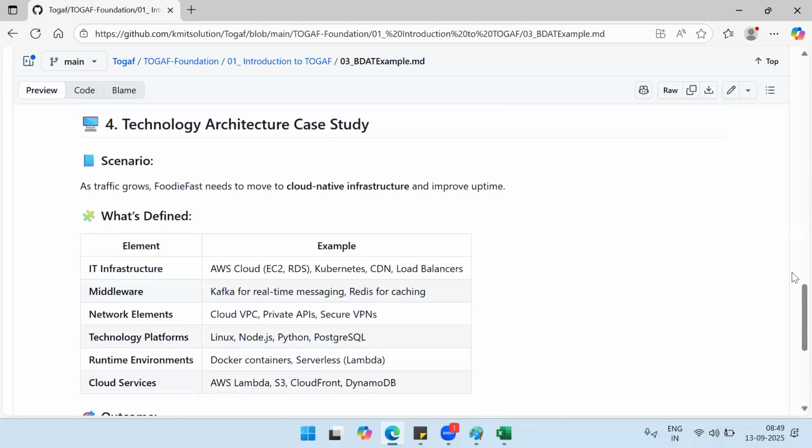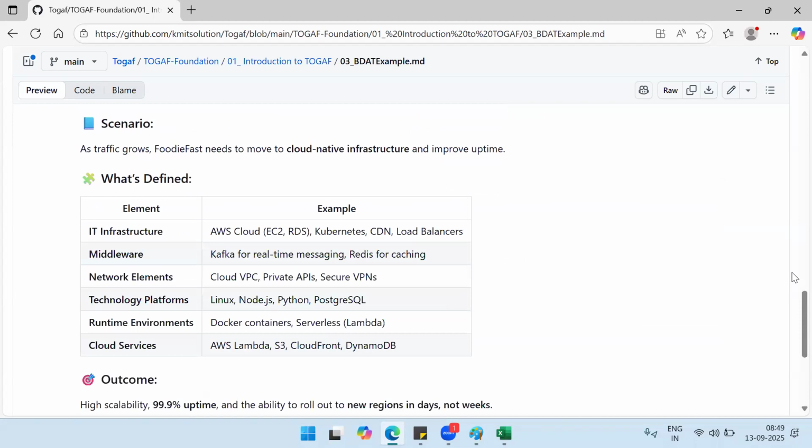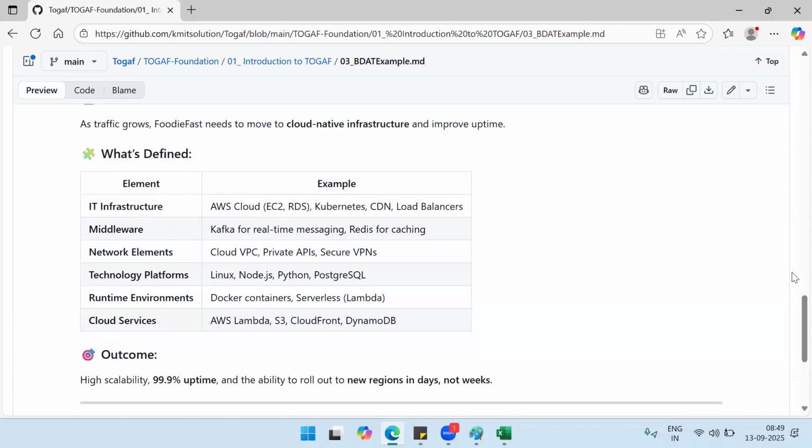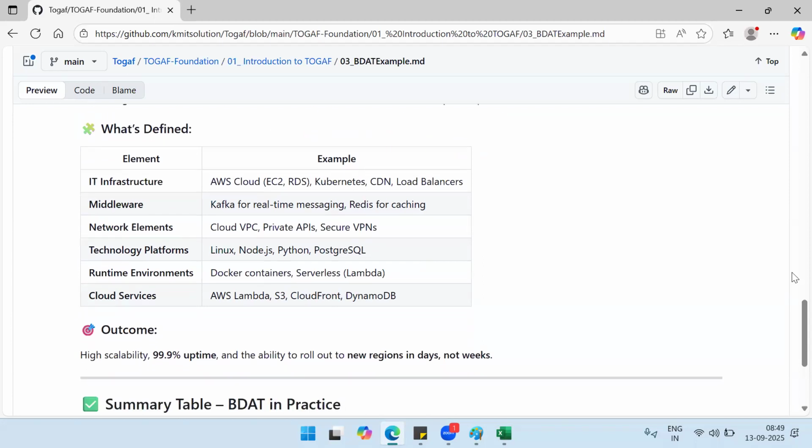Now, the fourth one: you have decided that we will go with AWS, Kubernetes, load balancer, etc. Then middleware. Middleware is like your web servers, Kafka, Redis for caching, network elements like VPC, private API, VPN, and technology platforms like Linux, Node.js, Python, Postgres, runtime environments, Docker, serverless approach, cloud services.